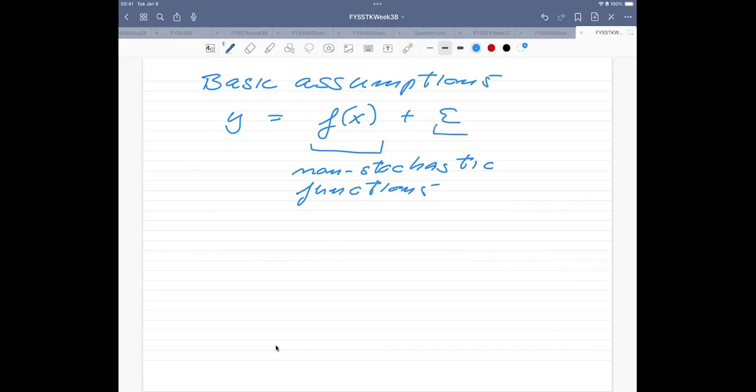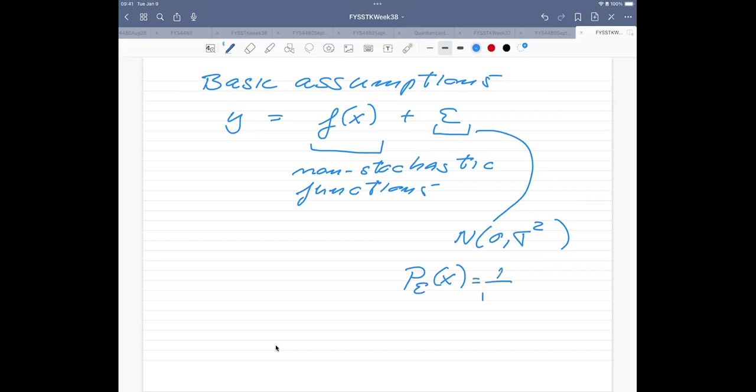Now, this epsilon, on the other hand, is assumed to follow a normal distribution. And this normal distribution has zero mean and some variance, which we haven't specified. So that function, which is something we would label as p of epsilon, suppose now this is a function of x.